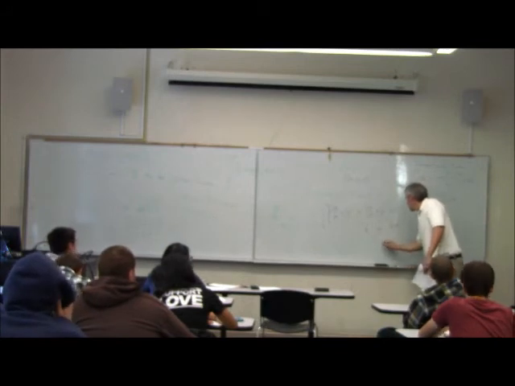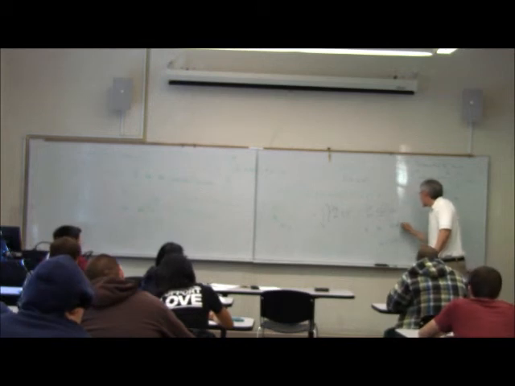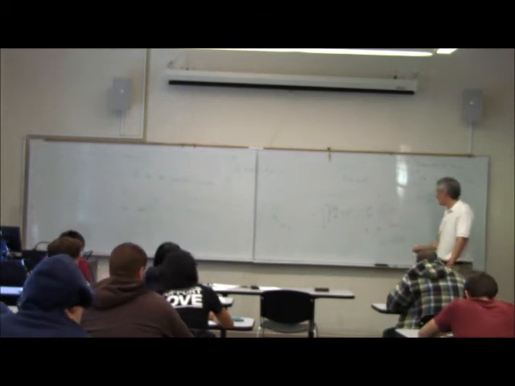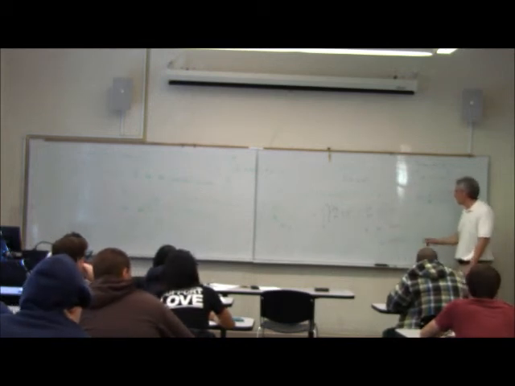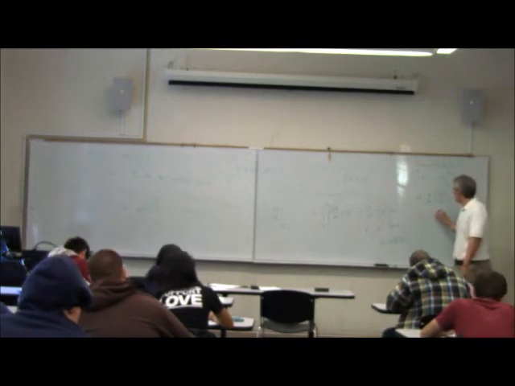So dv is equal to epsilon prime of x dx. The dx from here gets included in the definition of dv, and then v is going to be the integral of that, which is just epsilon of x.